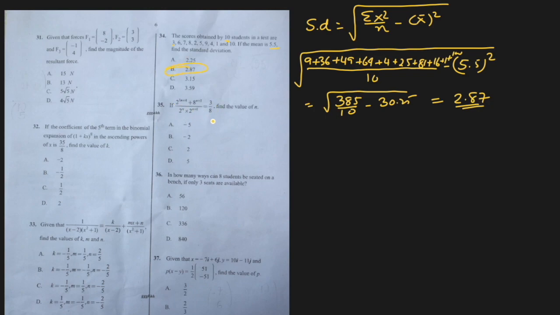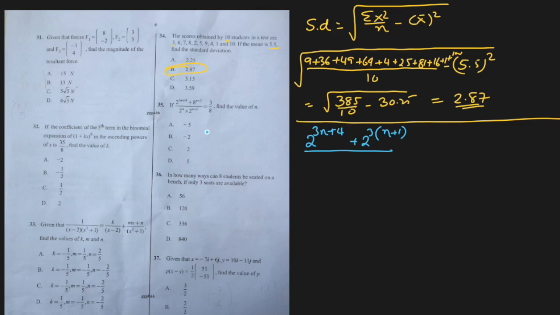If this is equal to 3 over 8, find the n. Everything is in n. It may not be visible well, so let me write it cleanly. 2 to the power 3n plus 4, plus 8. In place of 8, I can write 2 to the power 3, and then n plus 1 is after that.